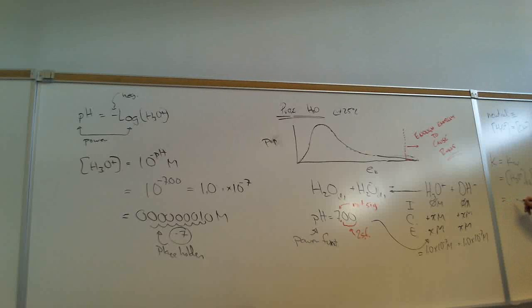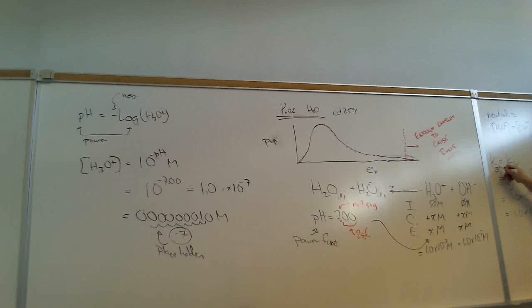And this is going to equal 1.0 times 10 to the minus 7 and 1.0 times 10 to the minus 7, which gives me 1.0 times 10 to the negative 14.